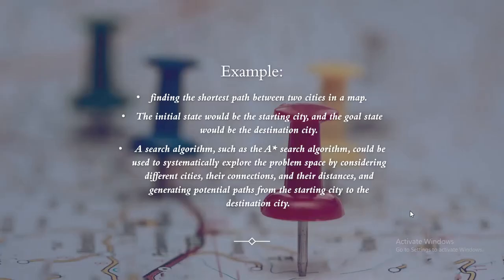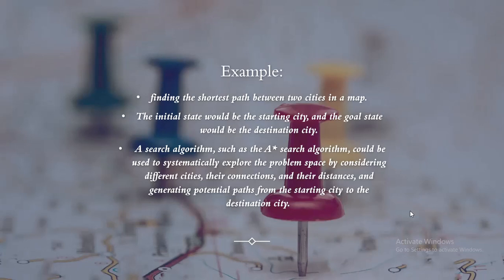Now an example. Let us consider the problem of finding the shortest path between two cities in a map. The cities can be represented as nodes in a graph, and the roads or connections between the cities can be represented as edges. In this case, the problem space would be the entire graph including all the cities, connections and distances between them.